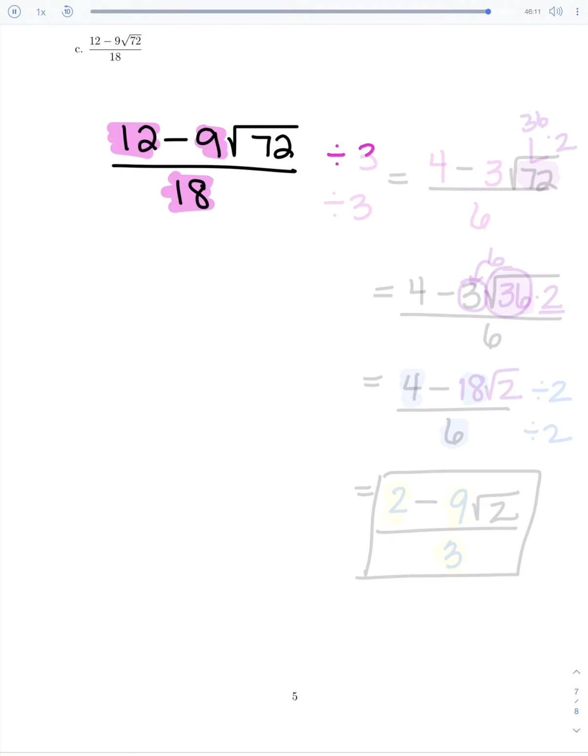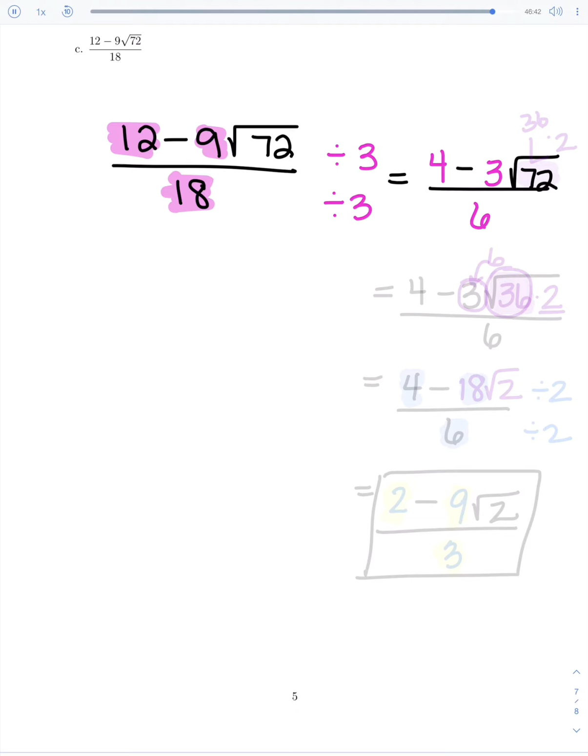So let's divide all of those through by a 3 and see if that helps us out some. So 3 will go into 12 4 times, minus 3 will go into the 9 3 times. Remember, we will not cross the boundary of the square root, so it'll stay as square root of 72. All over, 3 will go into 18 6 times.